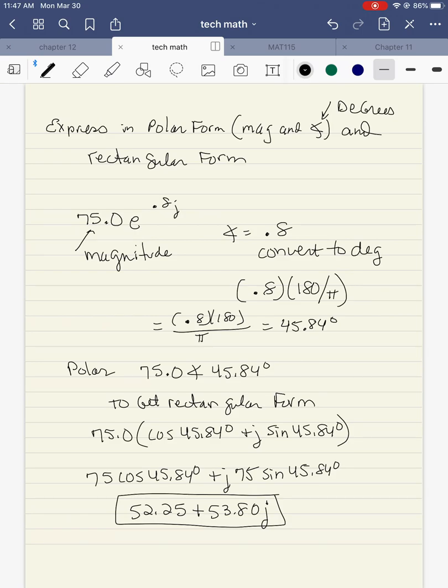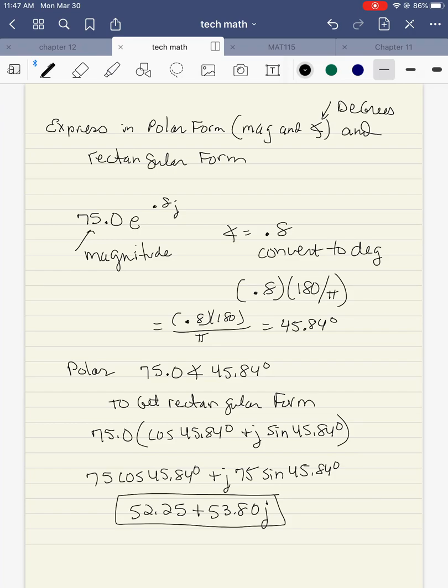Let's try another one. Express in polar form, magnitude and angle, again this is degrees, and rectangular form. So this time they give it to me in exponential form. So I just need to pull out the correct information and get everything in the correct form. So the 75 out in the front is the magnitude, and the 0.8 is my theta.